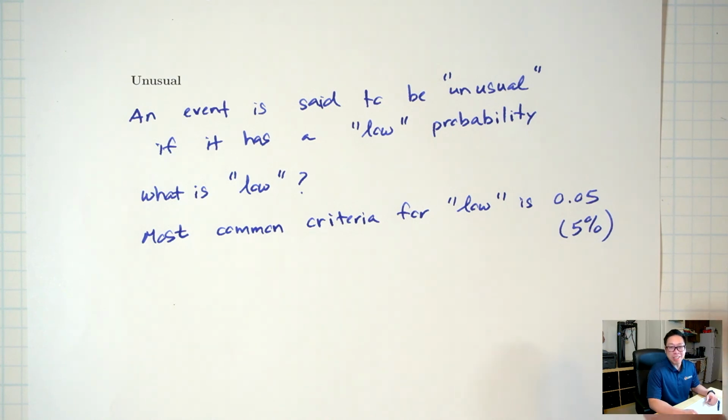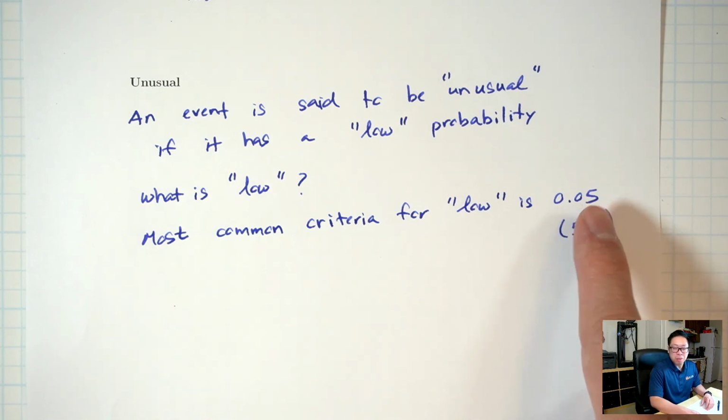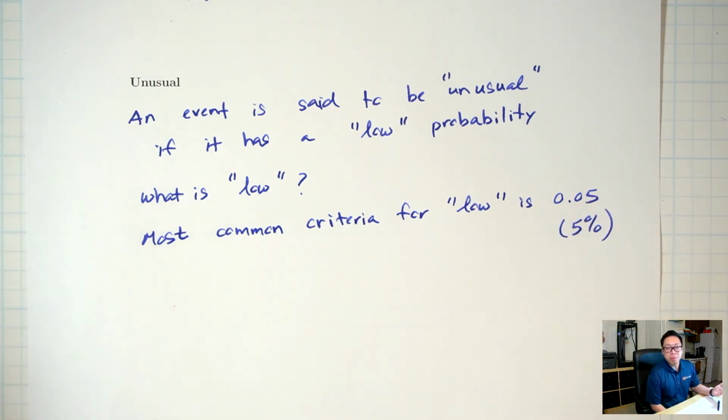That's too high of a risk for me to get on a plane. So it depends on the situation what's considered low. But 5% or 0.05 as a decimal is typically what you'll see most often as a criteria for something that's unusual.